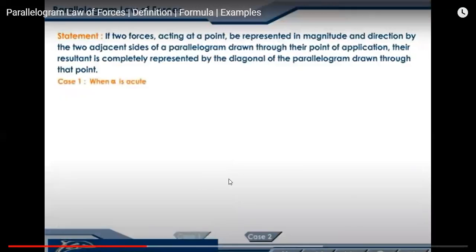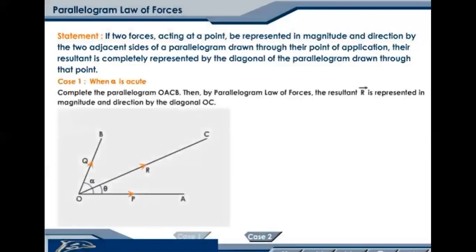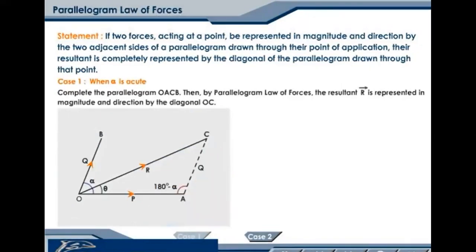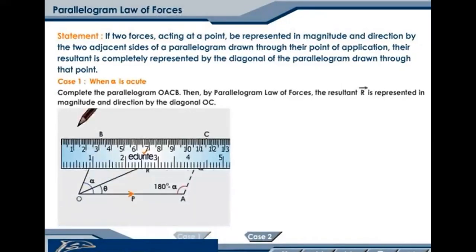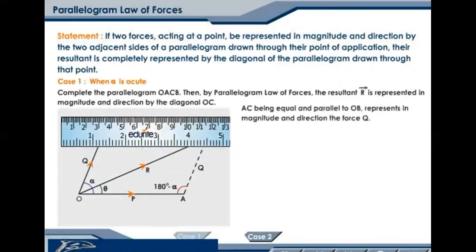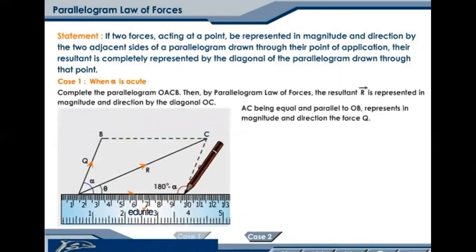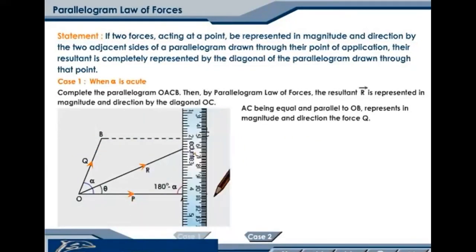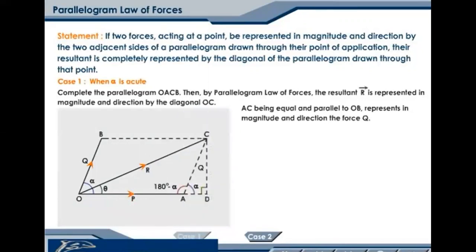Case 1. When alpha is acute, the resultant R is represented in magnitude and direction by the diagonal OC of the parallelogram OACB. AC, being equal and parallel to OB, represents in magnitude and direction the force Q. From the figure we have angle CAD equal to angle BOA, that is equal to alpha, since they are corresponding angles.